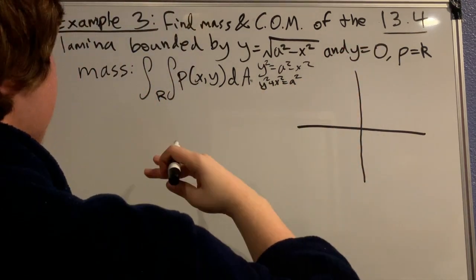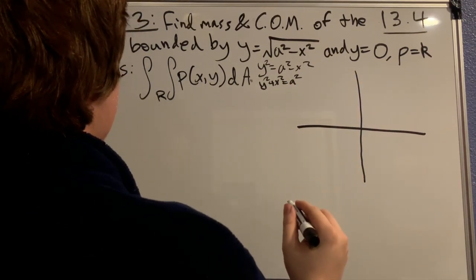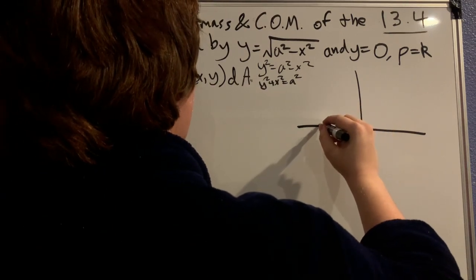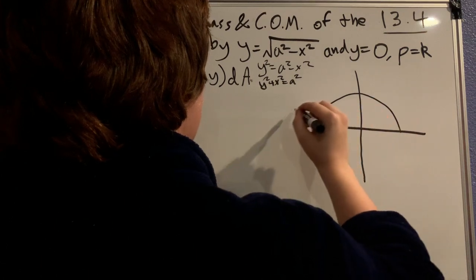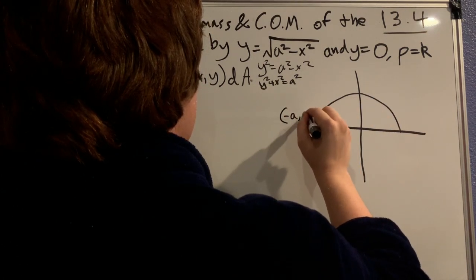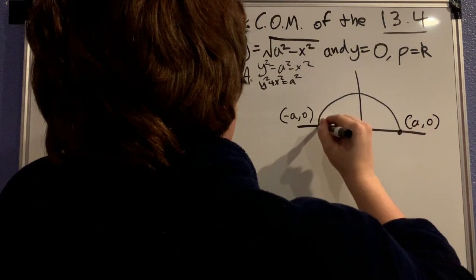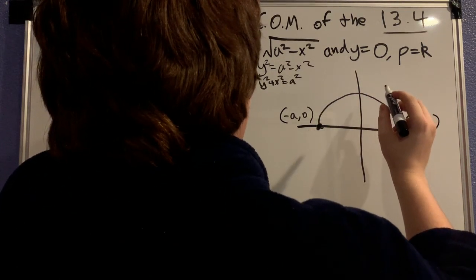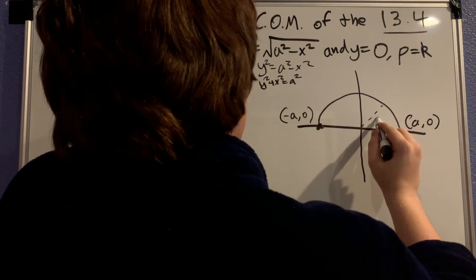So it would be a half circle bounded by the x-axis. It would look like this, where the radius is a. So this would be negative a, 0. This would be a, 0. And that would be 0, a. Okay, so that distance is a.